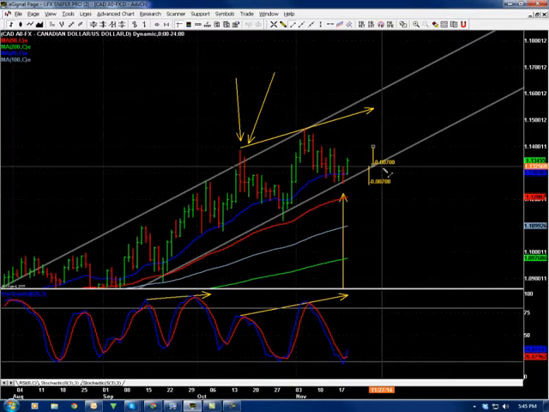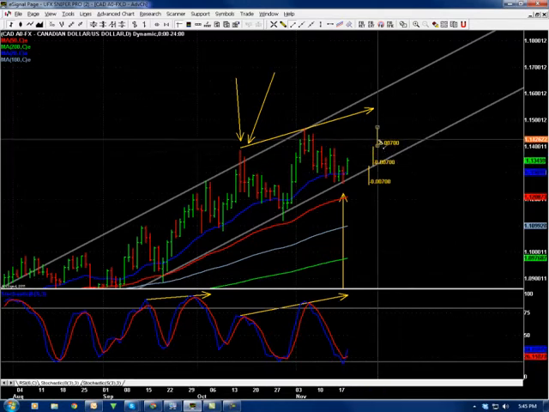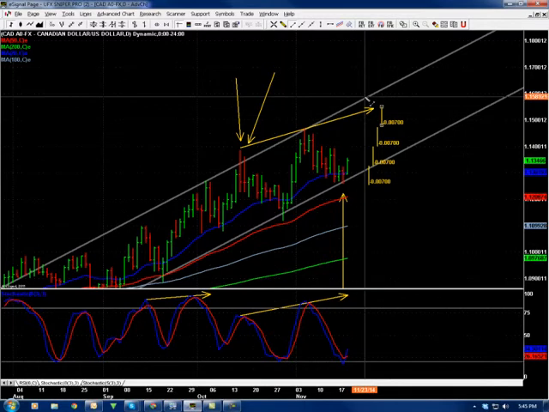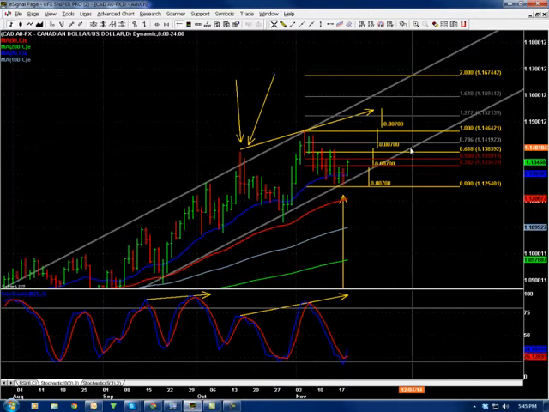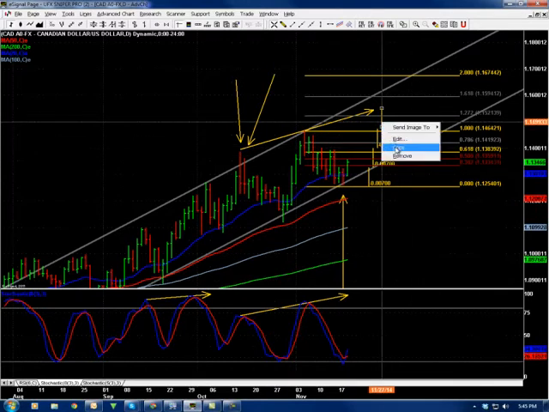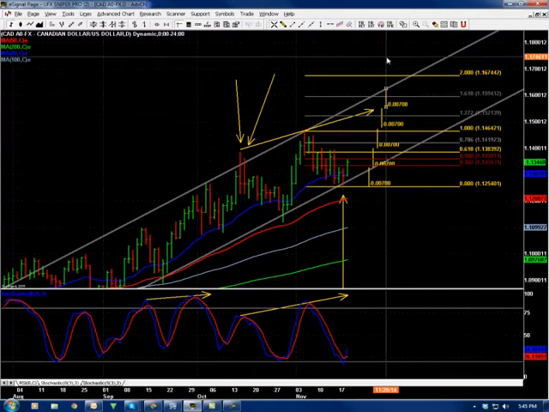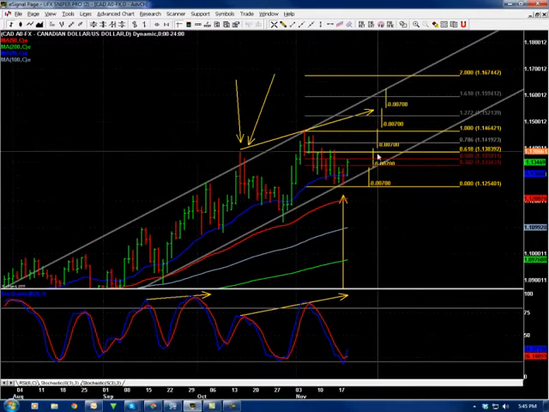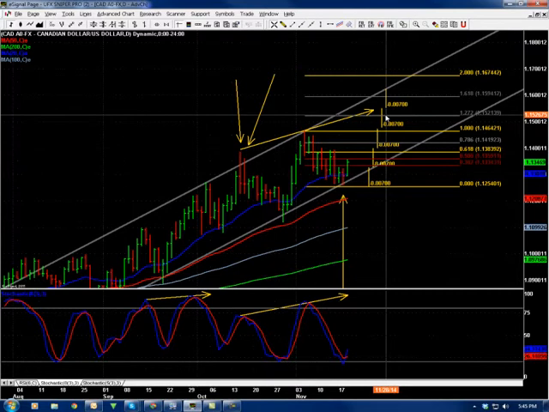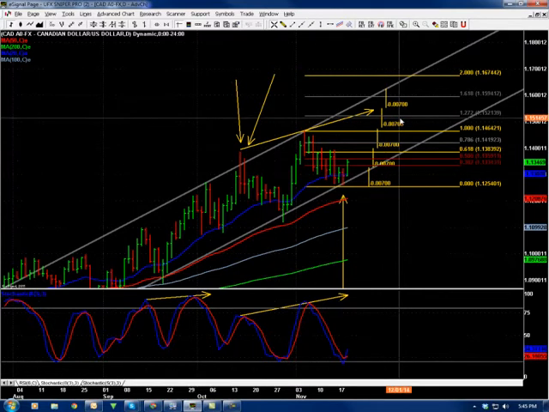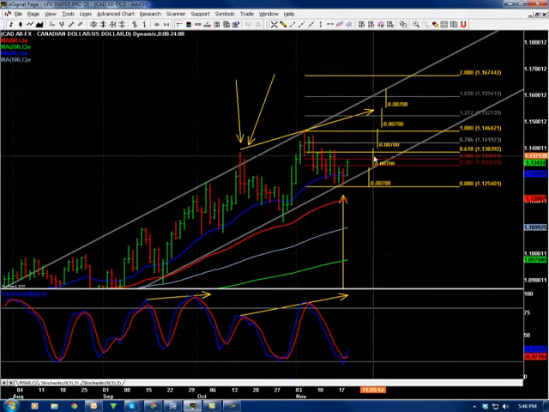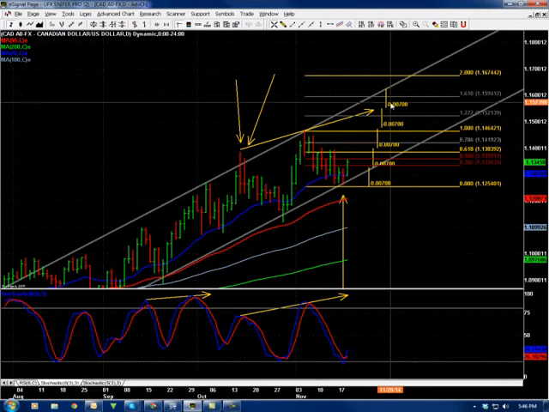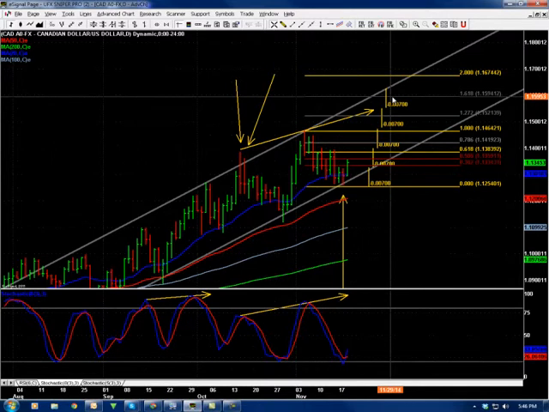The reward risk ratio will be like a 3-to-1, which works out to be like a 2.5-to-1 to the 1.272 Fibonacci extension level, or a 3.5-to-1 up to the 1.618 Fibonacci extension level.